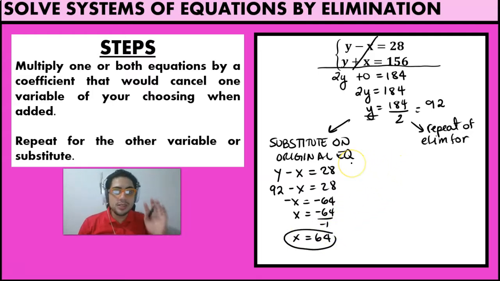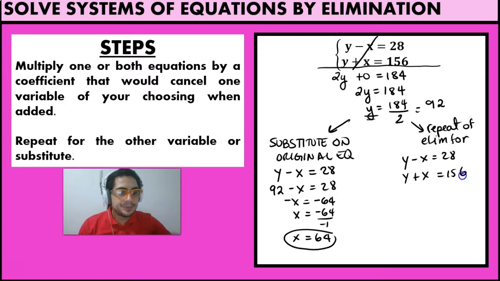Another thing we can do is the same process of elimination. So we have y minus x is equal to 28, which is the original one, and we have the other one here. Now, we can force the y's to cancel. This y is positive and this y is also positive, so one of the two has to be negative in order for them to cancel each other. So let's multiply the first one by negative 1.